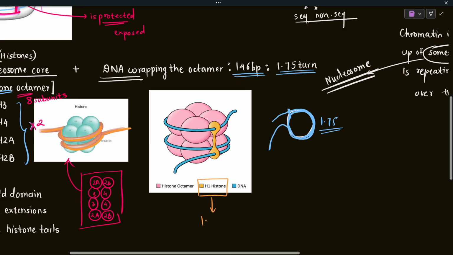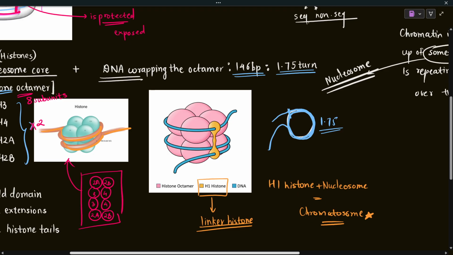This is also known as linker histone because it is linking one nucleosome to the next nucleosome. H1 histone plus nucleosome is known as chromatosome.